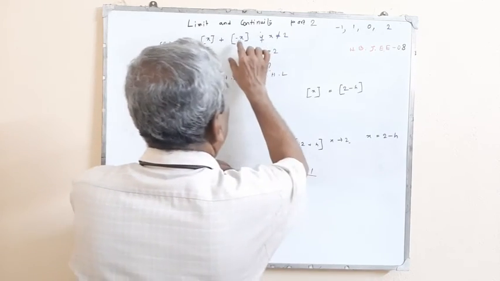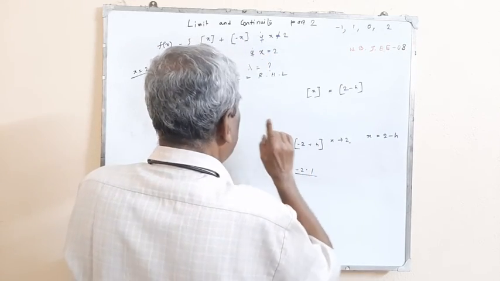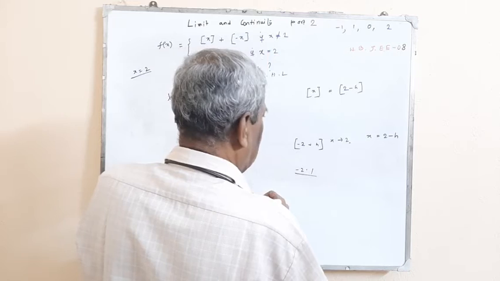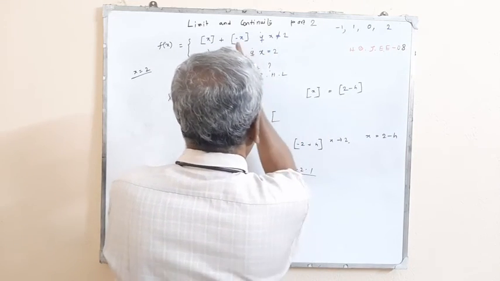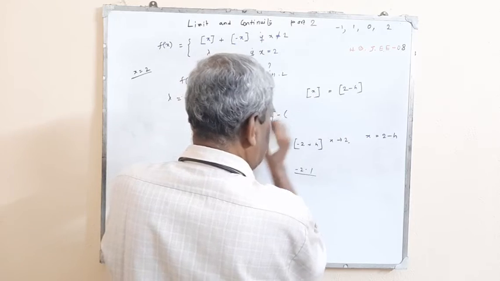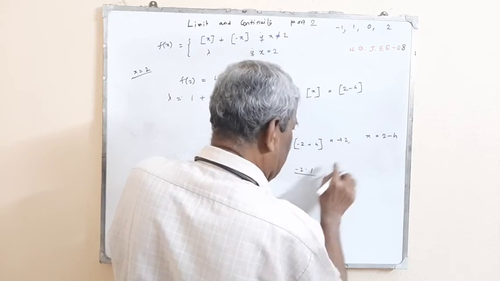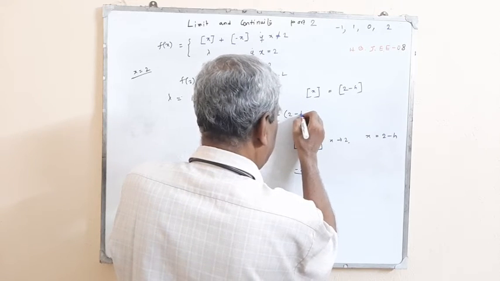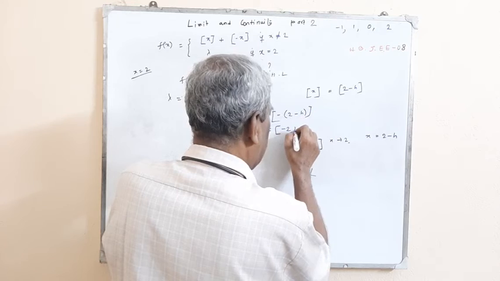Okay, all right. So box of 2 minus. So it is actually equal to minus of x, means x tends to 2 minus h. So that it is box of minus 2 plus h.